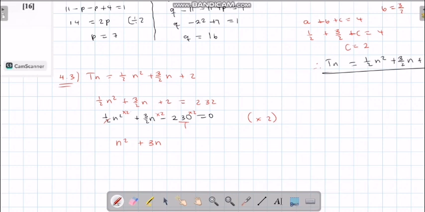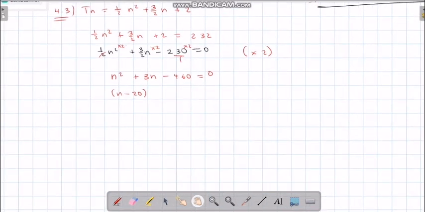And this side, what is it? 230 times 2 is 460, minus 460. Then I use my quadratic formula and reverse the answer. So let me substitute in my quadratic formula. Our first value is 20, so it was n minus 20.